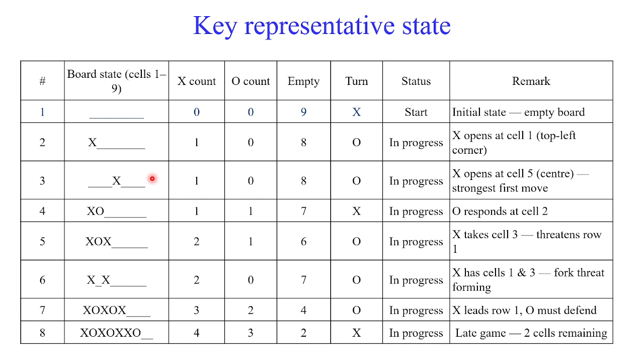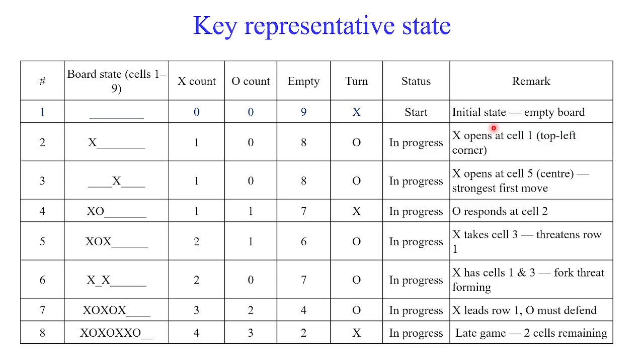So these are the key representative states. If you talk about the states, empty board, cells 1 to 9. X count is 0, O count is 0, cells are empty. Now it is the turn of X. This is our initial state.